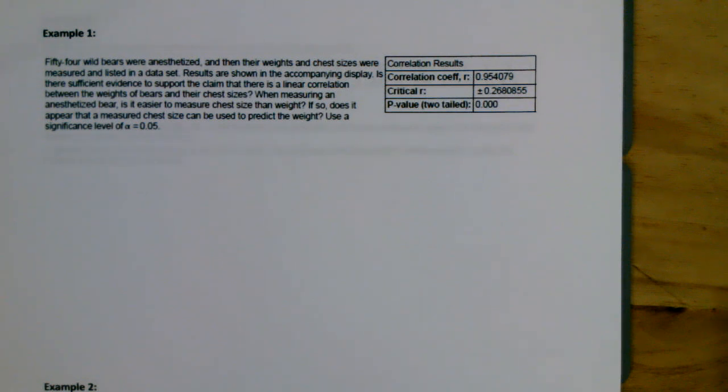When measuring an anesthetized bear, is it easier to measure the chest size than weight? If so, does it appear that a measured chest size can be used to predict the weight? Use a significance level of alpha equal to 0.05.